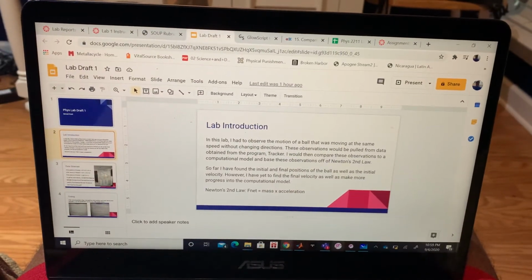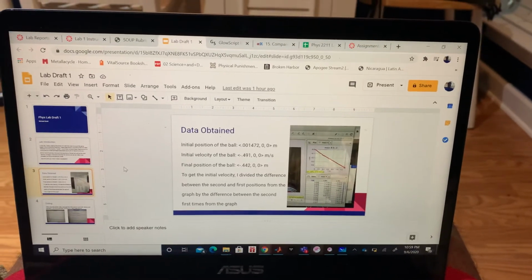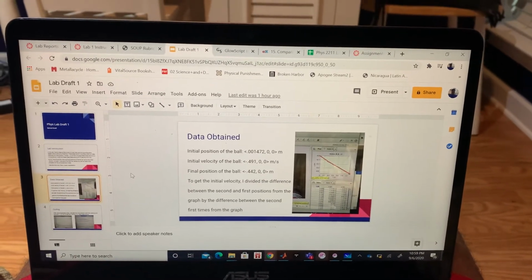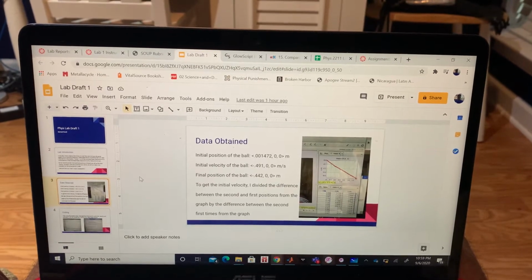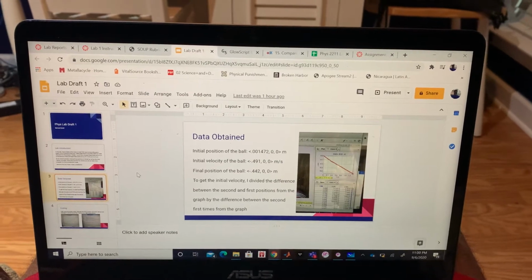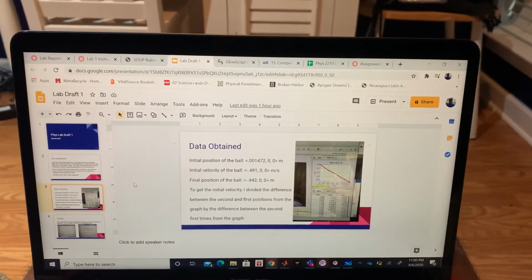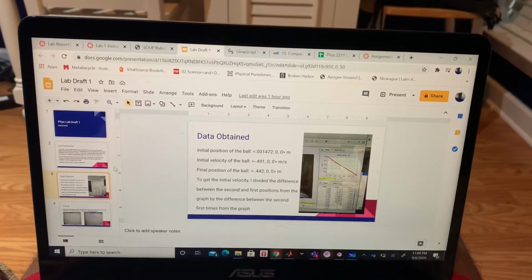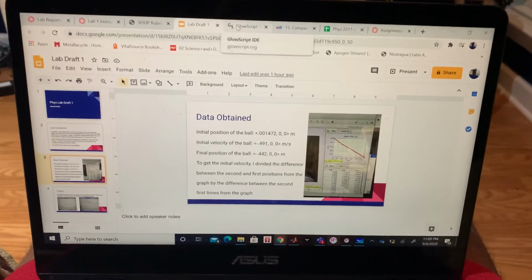From there, I was able to gain its initial position, which is 0.001472 meters, and its initial velocity, negative 0.49 meters per second, which I got from dividing the difference between the second and first positions by the difference between the second and first times. All this was pulled from the graph in Tracker.